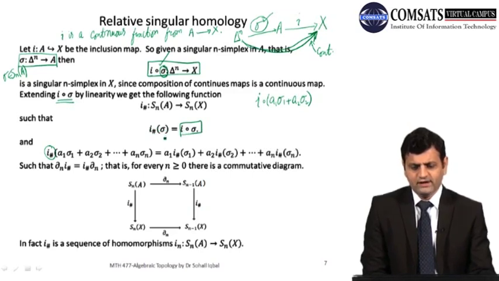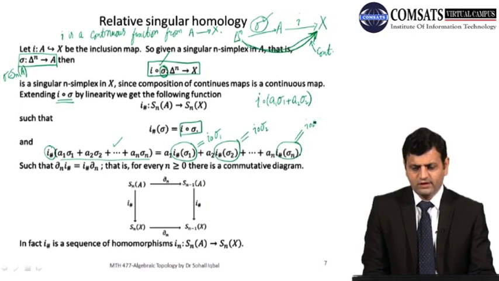Extending by linearity means that if you apply this on an integer combination of singular n simplices, then this is equal to A1 I sharp sigma 1 and so on. Now I know how to calculate this I sharp sigma 1: it is equal to I composition sigma 1, and similarly I sharp sigma 2 is equal to I composition sigma 2, and so on up to I composition sigma n.